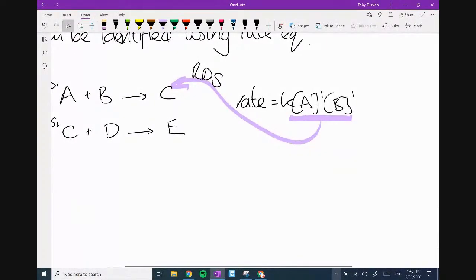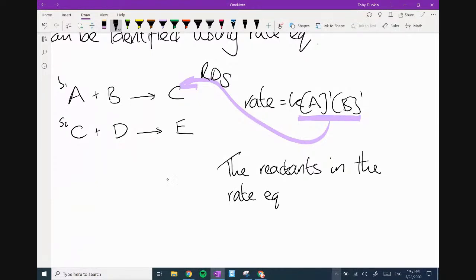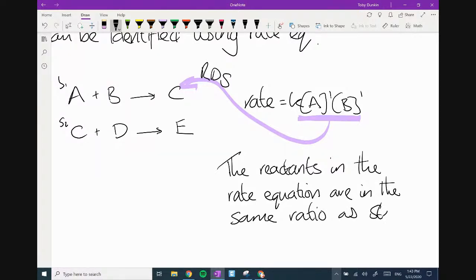It does that because the reactants in the rate equation are in the same ratio as step 1.